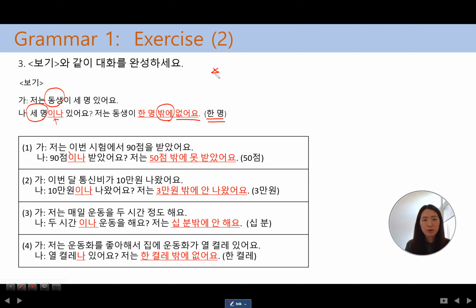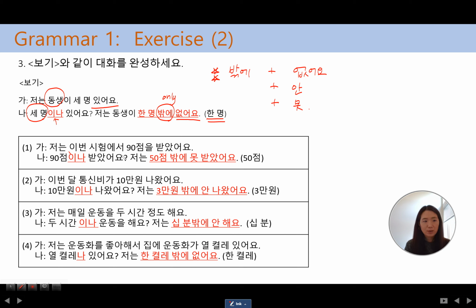So do you remember negative? 밖에 can be used with a negative, which is like the opposite of 있어요, 없어요, or 안, or 못, depending on the context. So remember, this is very important. 밖에. I only have one, so it's more of a negative. Oh, I only have one.